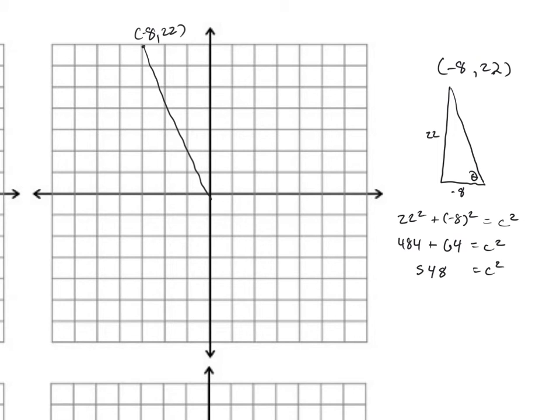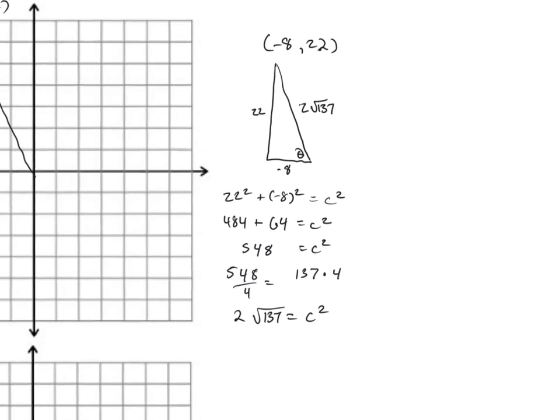I'm going to divide it by 4. So 548 divides by 4, which equals 137. So 137 times 4 equals 548. So c equals 2 root 137. I just square root the 4 and keep the 137. So here, this is 2 root 137.